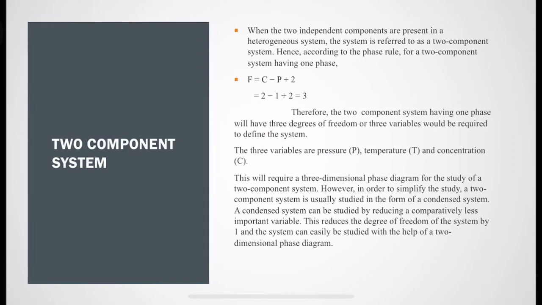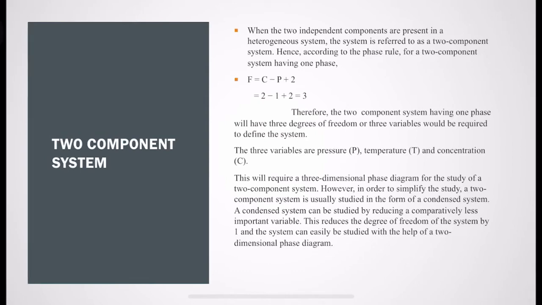So that means this requires a three-dimensional graph which cannot be conveniently drawn on paper. એટલે કે આપણે પેપરમાં 3-dimensional વાળો ગ્રાફ ડ્રો ના કરી શકે. So any two of these three variables must be chosen for a graphical representation.